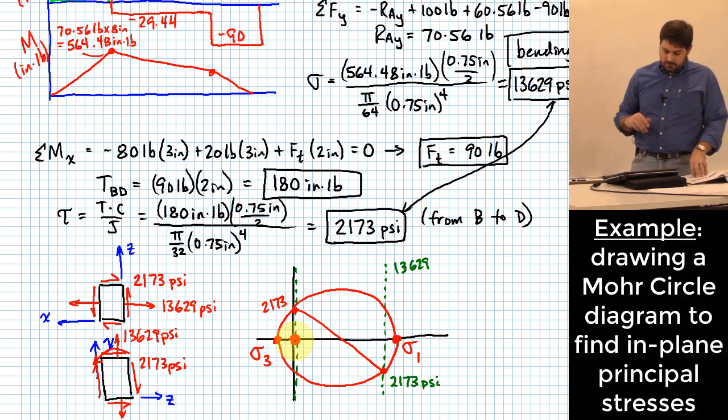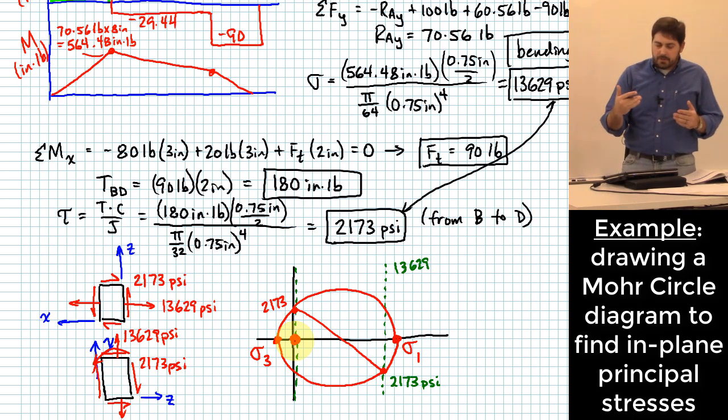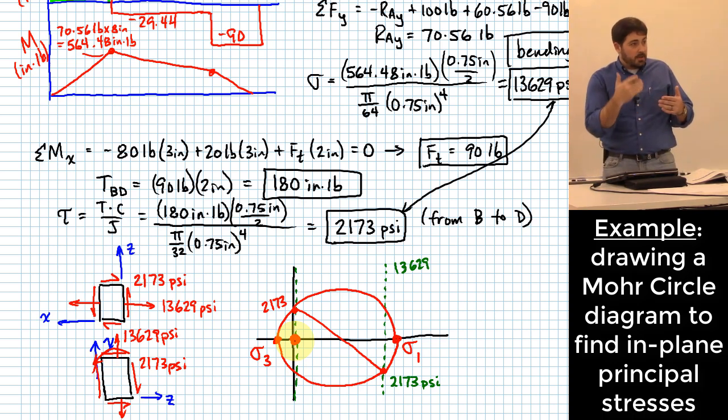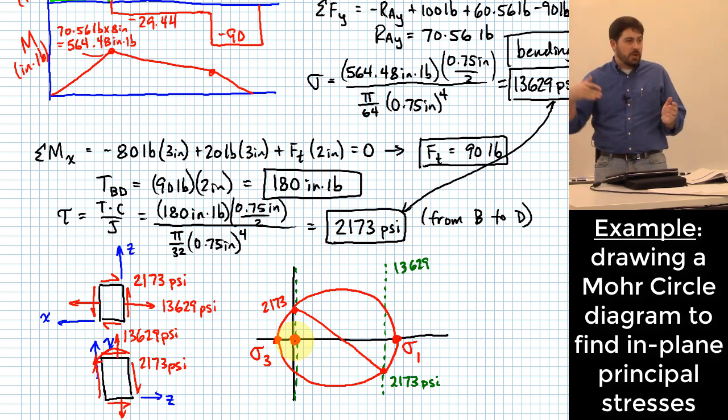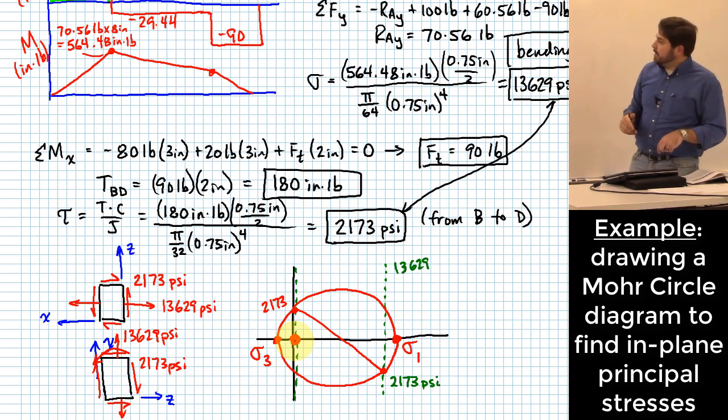Why do you call it sigma 2 and not sigma 1? Anytime we're using that naming convention of 1, 2, and 3, we always make 1 the most rightward on a number line and 3 the most leftward. And in between, you've got the other one. So I'm going to call that sigma 1 and sigma 3.